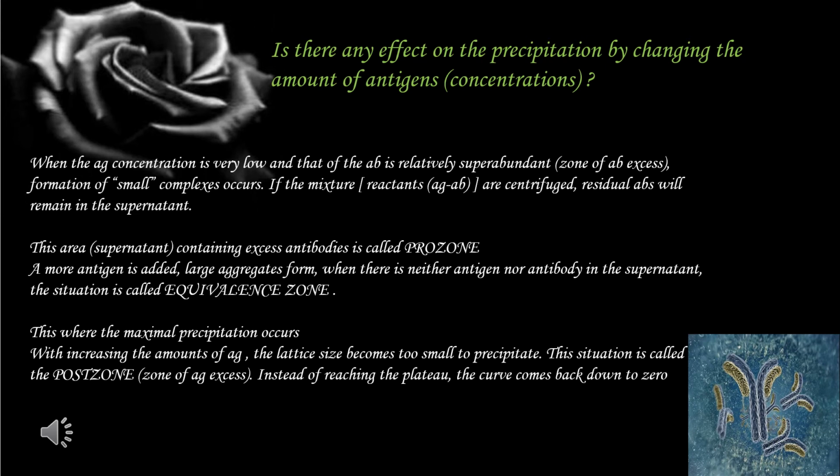When more antigen is added, large aggregates are formed, and there is neither antigen nor antibody in the supernatant. In such a situation, the zone is called the equivalence zone, because all the antigen and antibody have interacted and therefore no excess is seen in the supernatant.